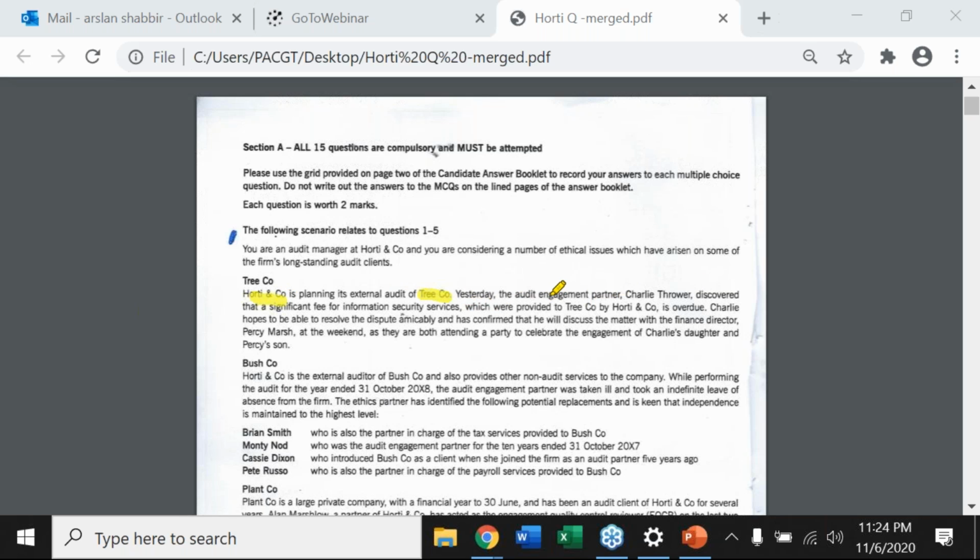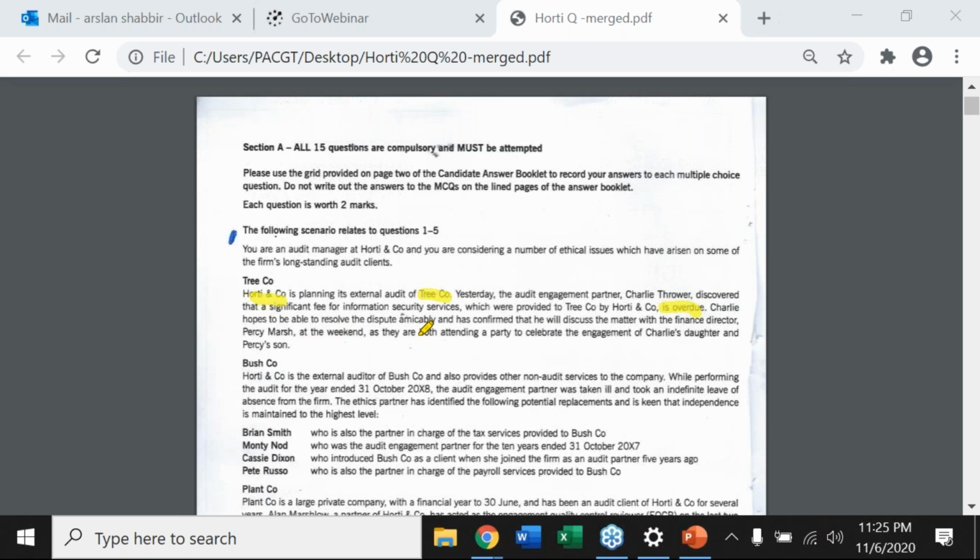Yesterday the audit engagement partner, Charlie Thrower, discovered that a significant fee for information security services is overdue. Information security services are non-audit related services which were provided to Tree company by HOTI company. So the audit firm is HOTI, which has provided the services to Tree company, and Tree company receives the information security services.